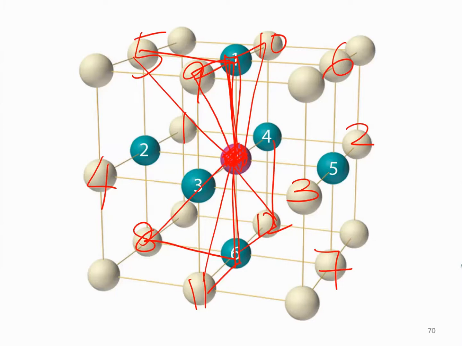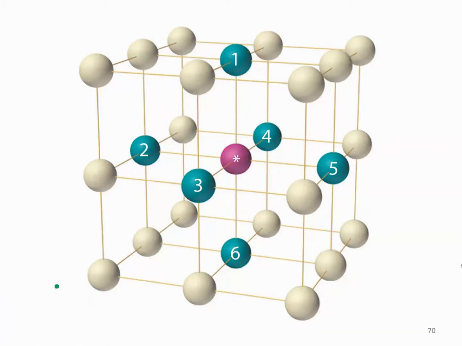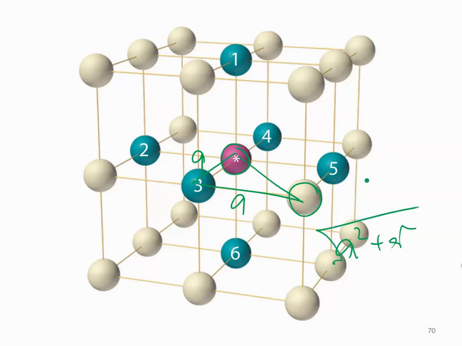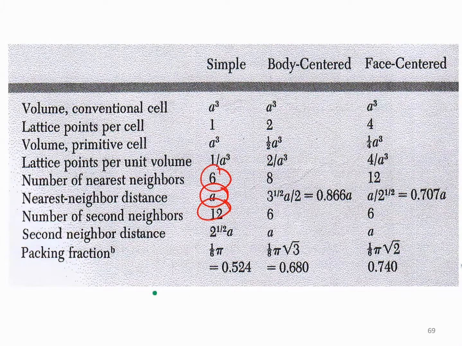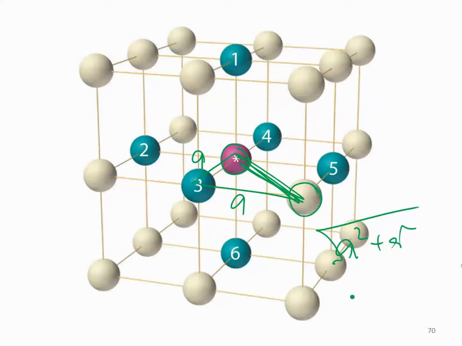So what is the distance to the second nearest neighbors? Let's say for this atom and this atom, this is A and this is A, so this is A squared plus A squared, square root of 2 A squared. So the second nearest neighbor distance is square root of 2 times A. How about this atom to this atom?